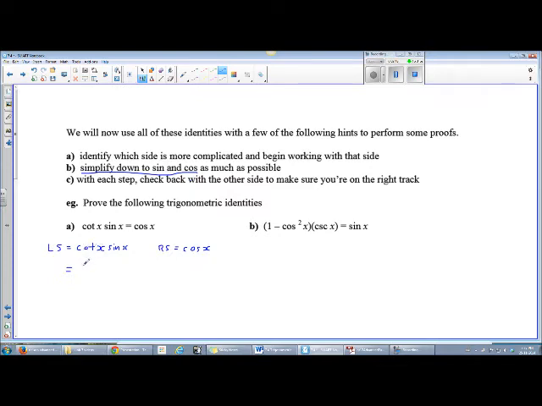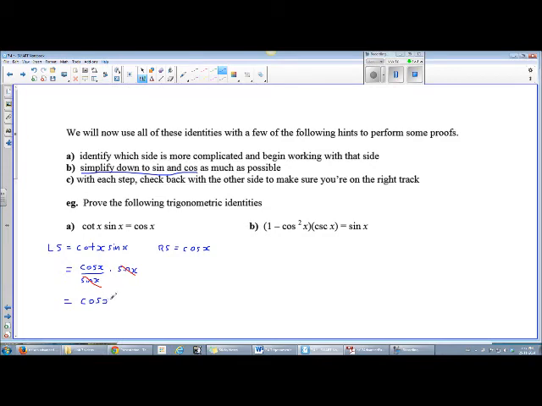We realize that that is cosine x divided by sine x, and that's being multiplied by sine x. Then we see we've got sine x, and that's divided by sine x, so these two things can cancel out. And then what's remaining is just the cosine x.